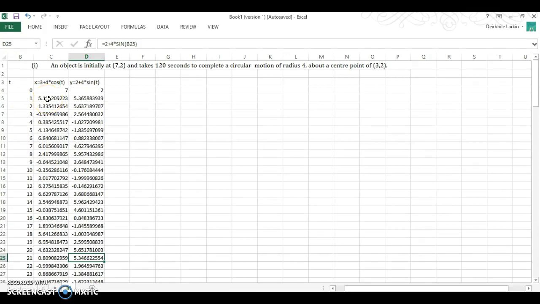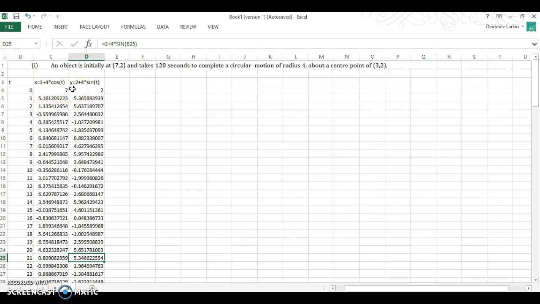Now to work out x and y, x is 3 plus 4 times cosine t, which means x equals 3 from the center point x, plus the radius 4 multiplied by the cosine of t.